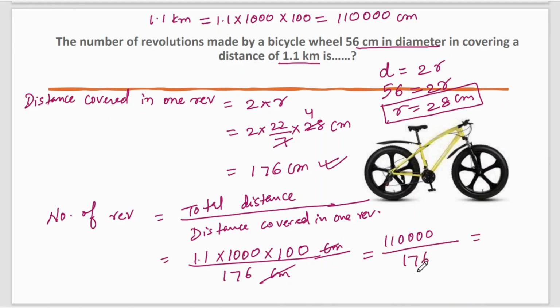After calculation, you can cancel by 11 times, 11 times 16 gives 176, so 16 times. Now you can cancel it by 4 times as well, or by 4 or 8, anything, and then you will get the answer as 625 revolutions. So this is our final answer.